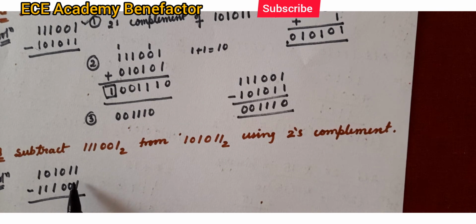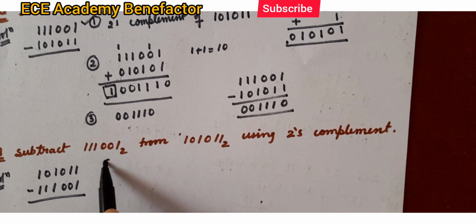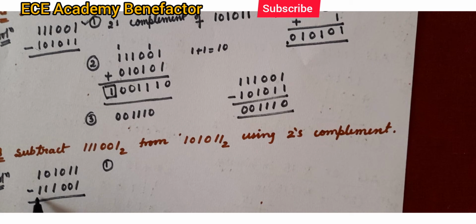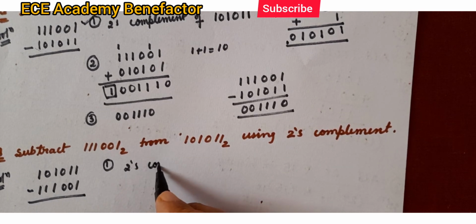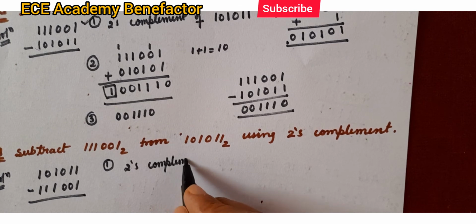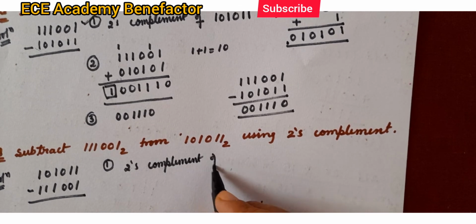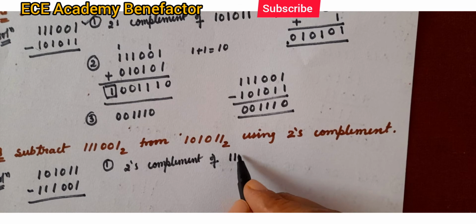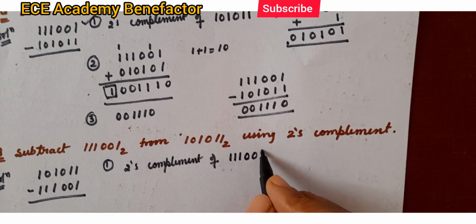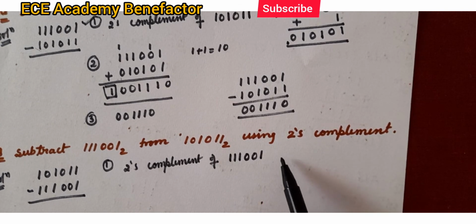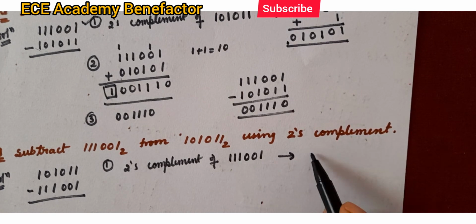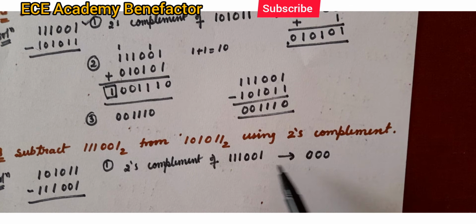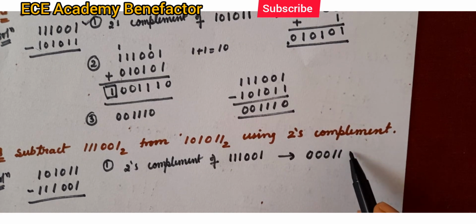So what you have in 2's complement, what is the first step? Find the 2's complement of the subtrahend. 2's complement of 111001. How to find the 2's complement? First find the 1's complement, that is 000110.